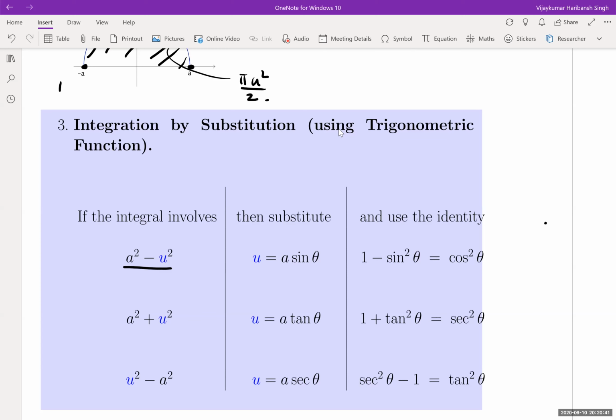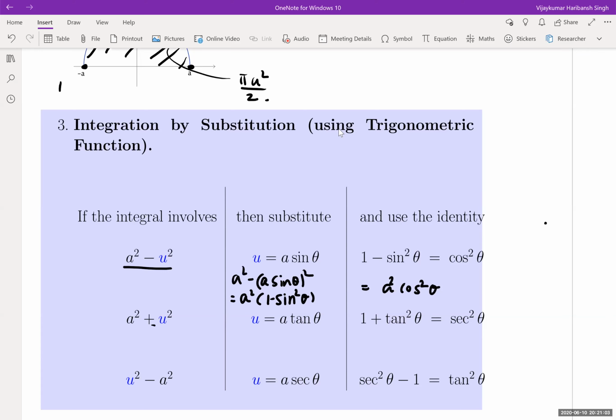So the idea is if you use a square minus a sine theta square, you can take a square common, you get 1 minus sine square theta. And using this substitution, you get a square cos square theta. So there is some kind of simplification happening there.